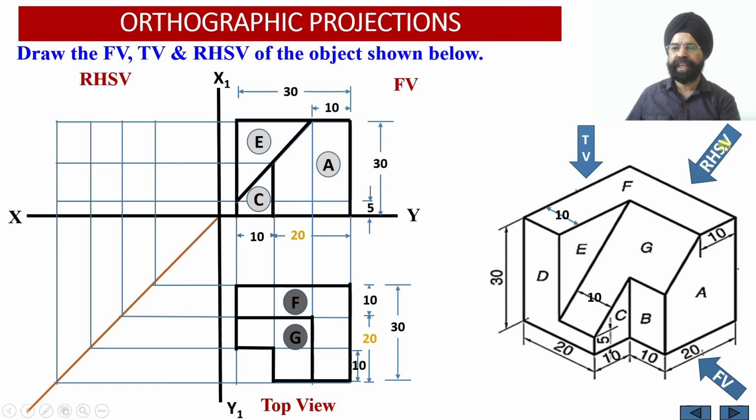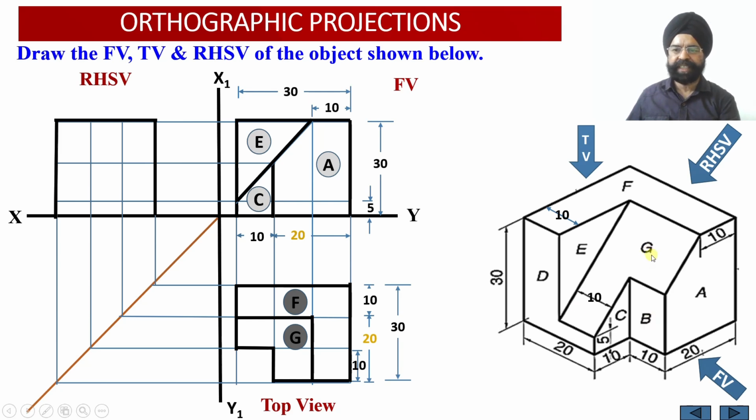Now let us draw the right hand side view. In the right hand side view, as I told you earlier, this square face will be visible to the observer from the right hand side. So these are the projections which are visible to the observer, because the observer is looking at the solid from this side. Now I need to draw the projections corresponding to surface D, surface G and surface B over here.